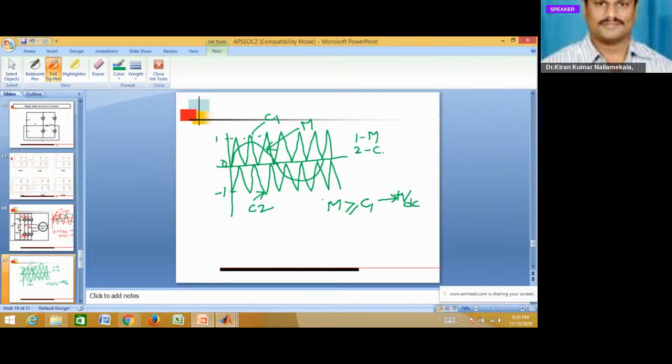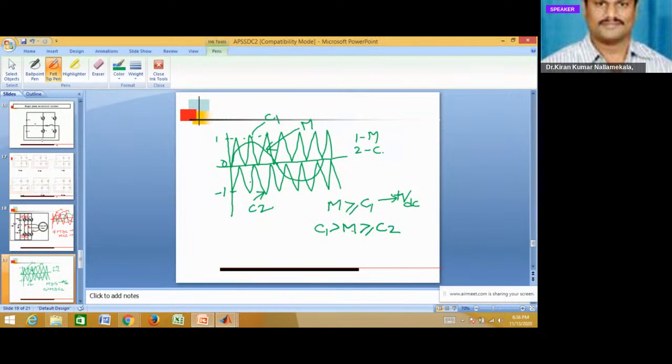Suppose the modulating signal is less than the first carrier wave and greater than the second carrier wave, that means C1 is greater than M and M is greater than C2.